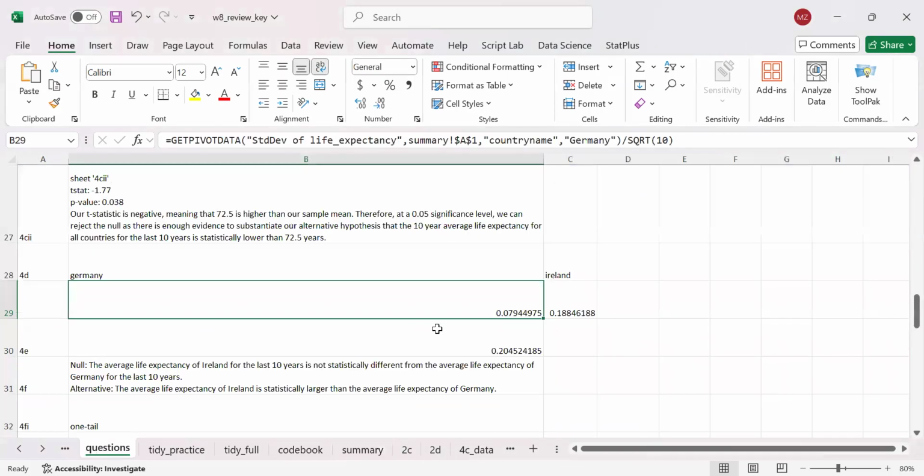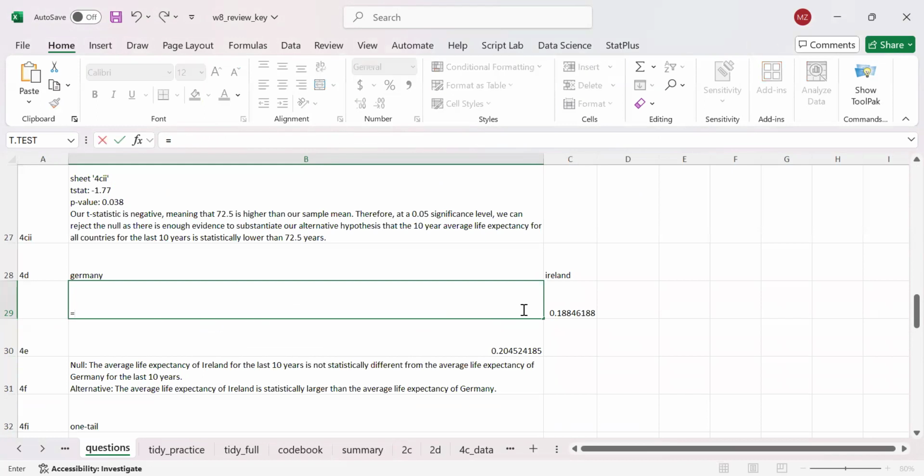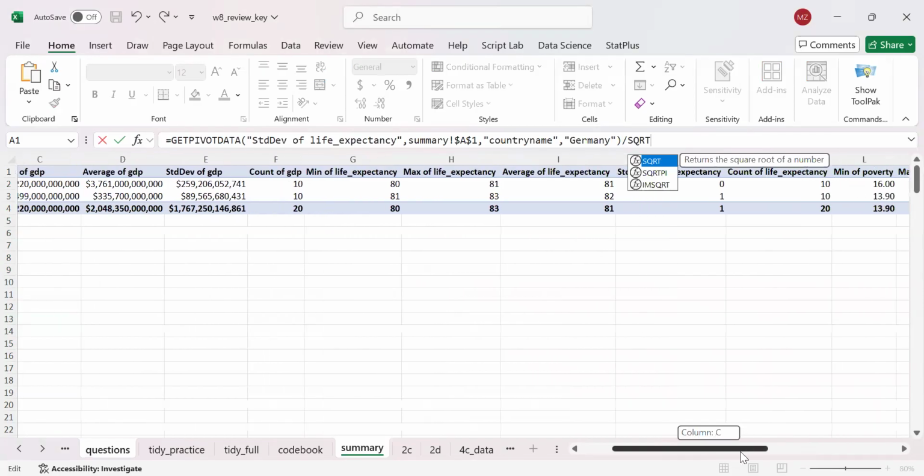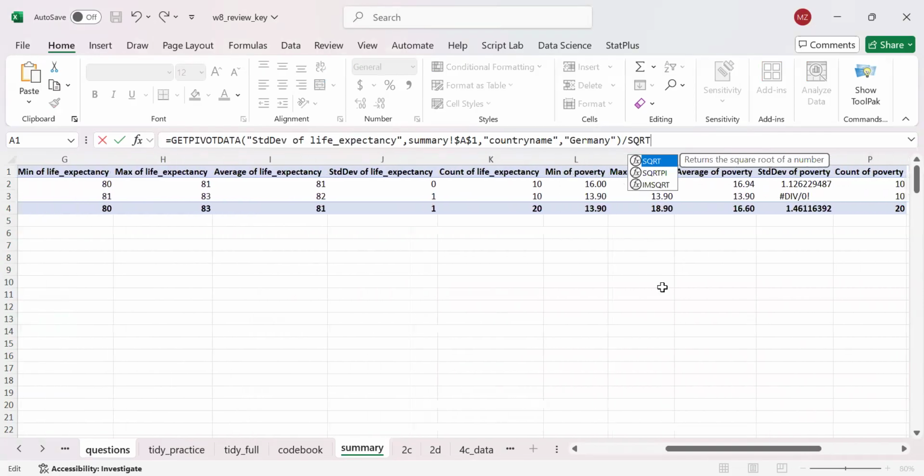If you go to the questions here, for Germany we want to get the standard error, so we use the standard deviation of life expectancy of Germany, and that divided by the square root of the total count of life expectancy for Germany.